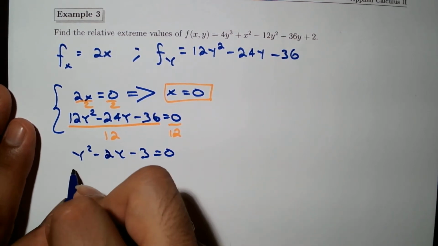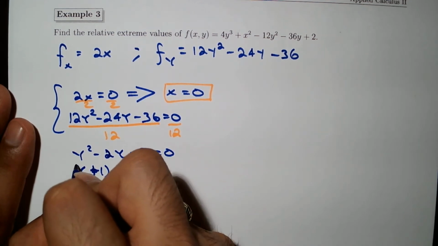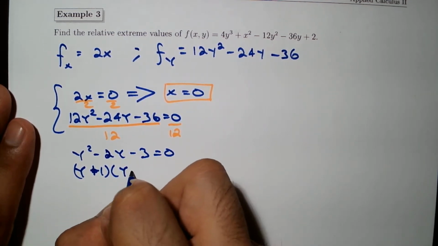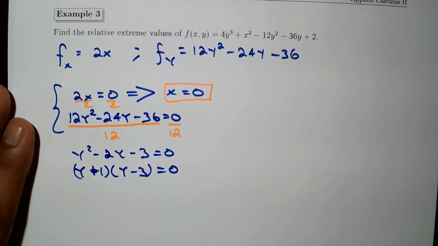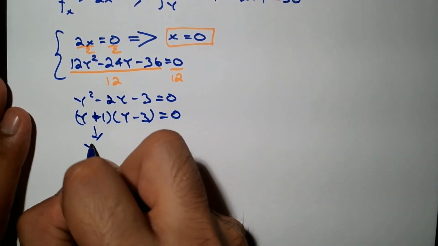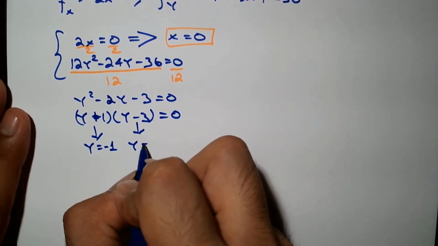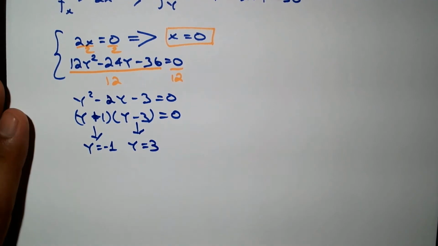In this case, y plus 1 times y minus 3 equals 0. Using the zero product property, we get that y equals negative 1 and y equals 3.